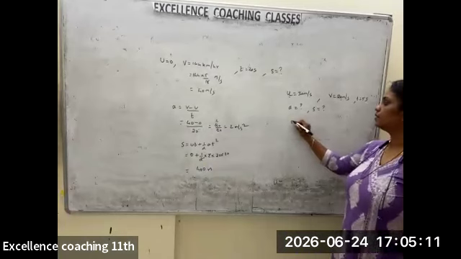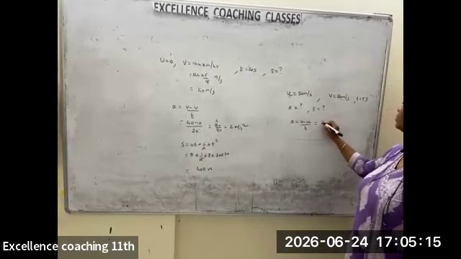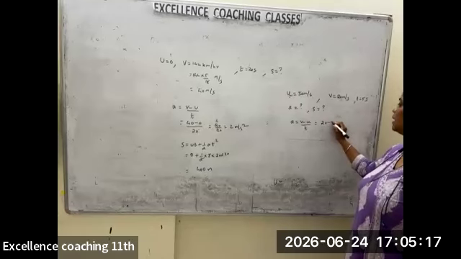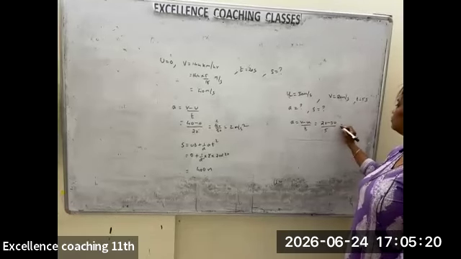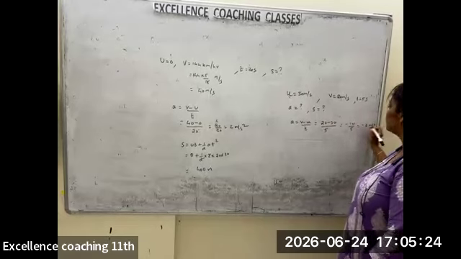So what will be your A? It is V minus U upon T. So that will be 20 minus 30 upon 5. So minus 10 by 5. Answer will be minus 2 meter per second square.